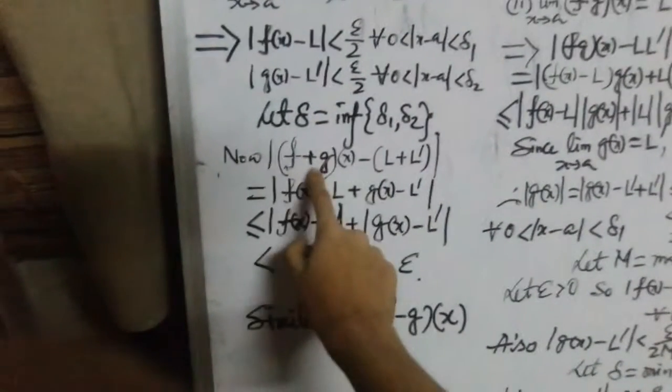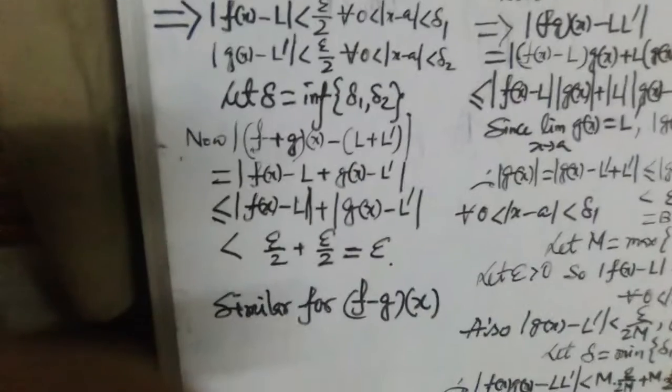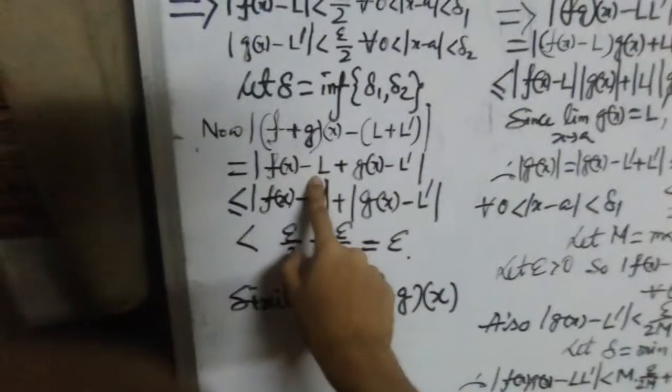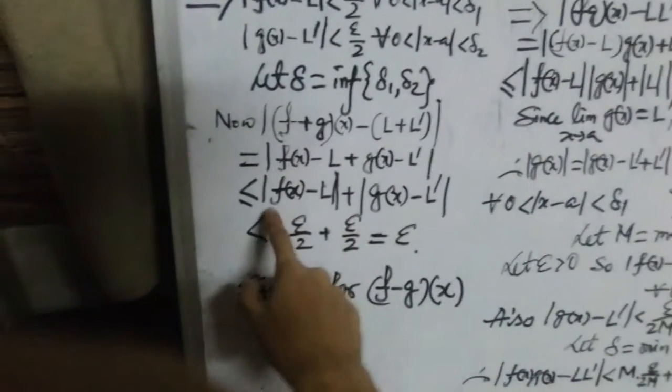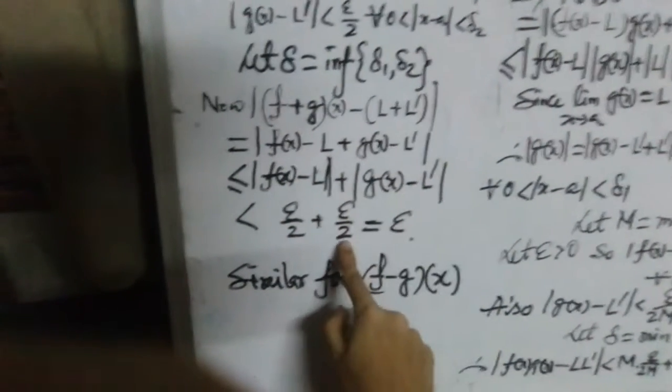the modulus of (f plus g)(x) minus (L plus L prime) is nothing but the modulus of (f(x) minus L) plus (g(x) minus L prime). Then, using the triangular inequality, we have the following formation. Then |f(x) minus L| is less than epsilon by 2, |g(x) minus L prime| is less than epsilon by 2.